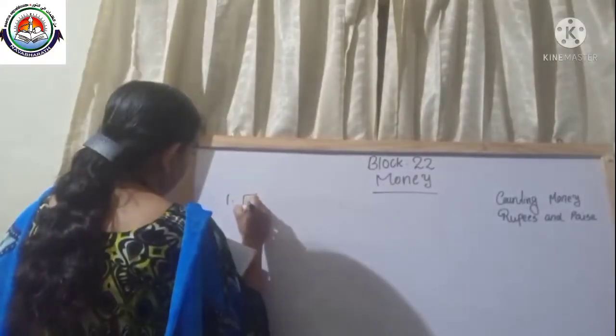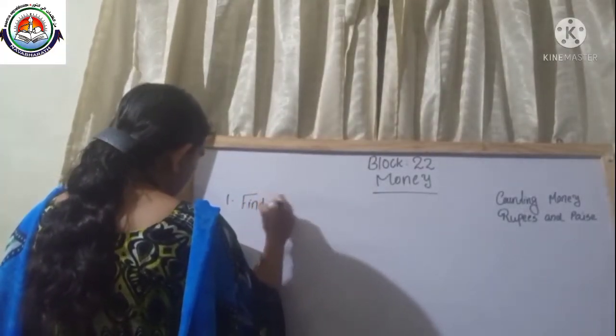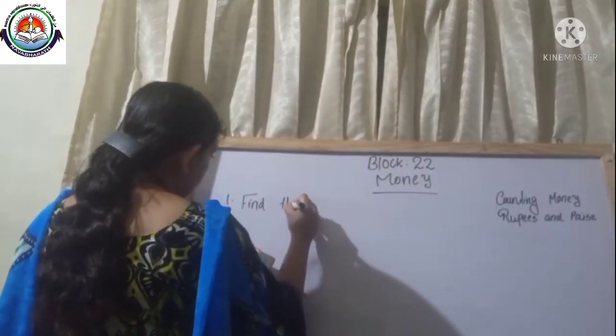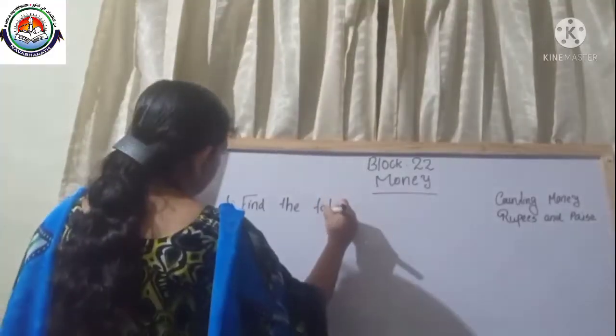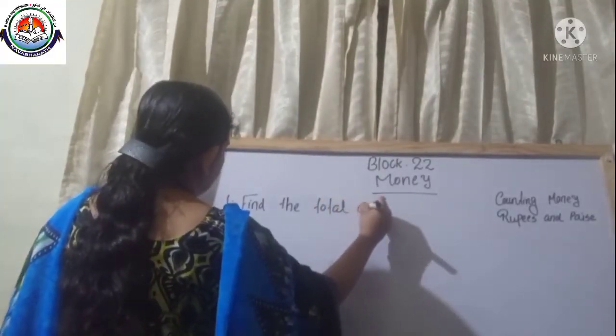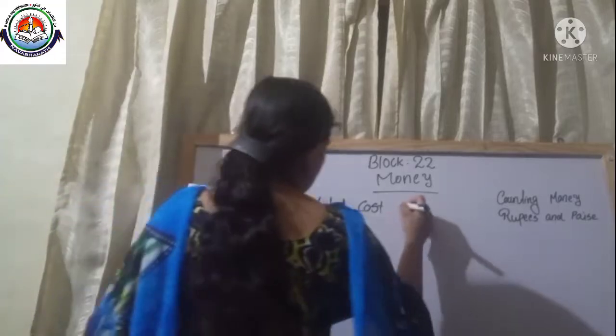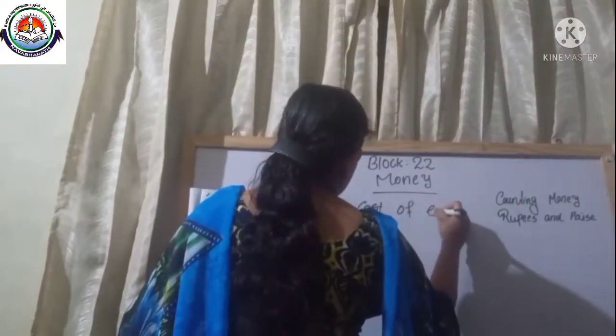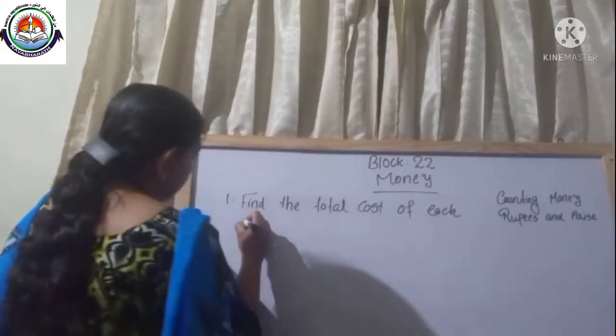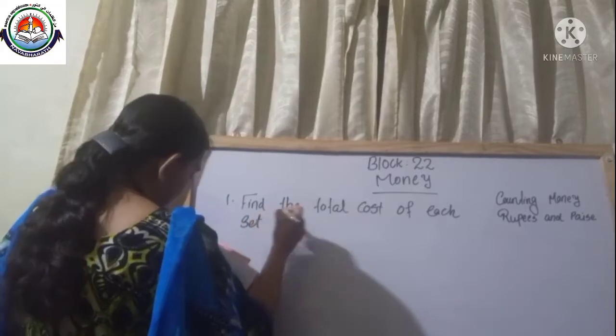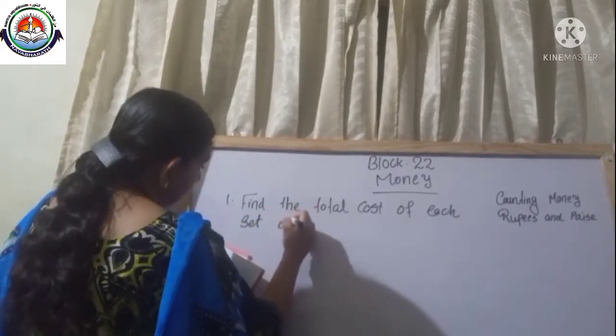First question: find the total cost of each set of items.